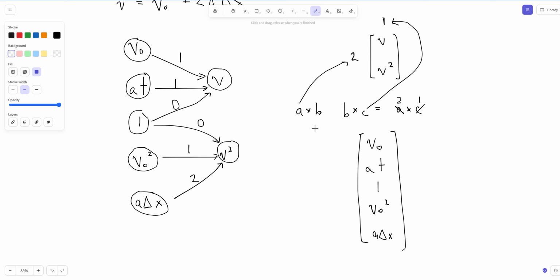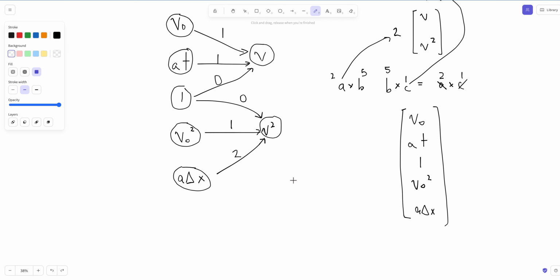So that means on the left, well, remember, we know that this is 1, we know that this is 5. Because these B's need to be the same, this is also 5. And we know that A has to be 2. So let's make a 2 by 5 matrix. We don't necessarily have to populate the values yet, but just make it.